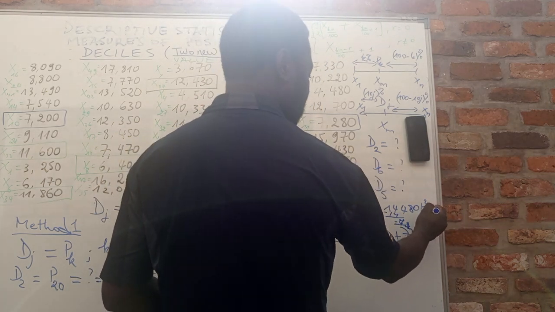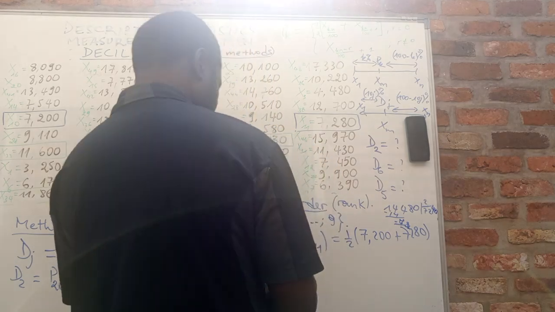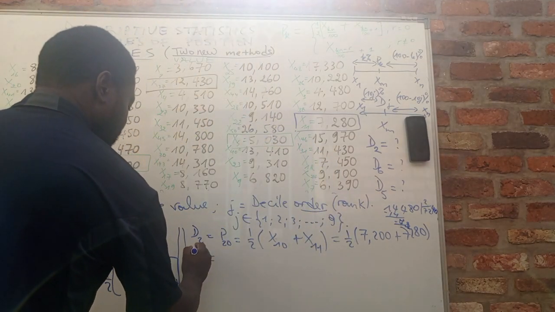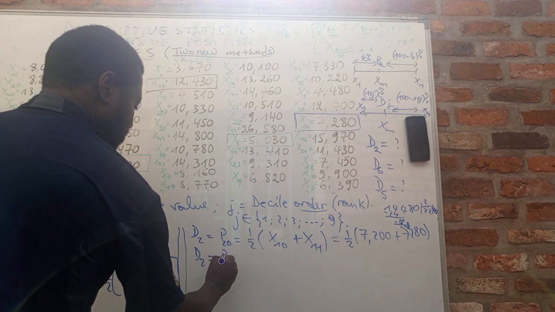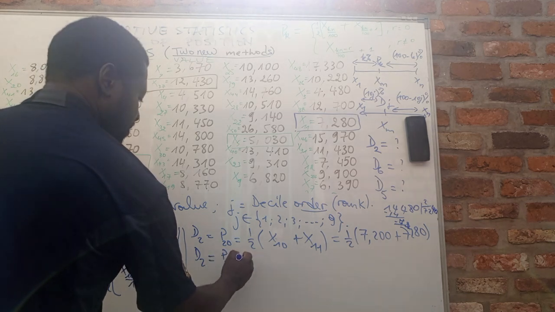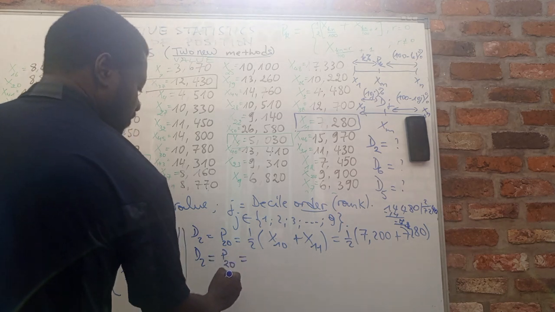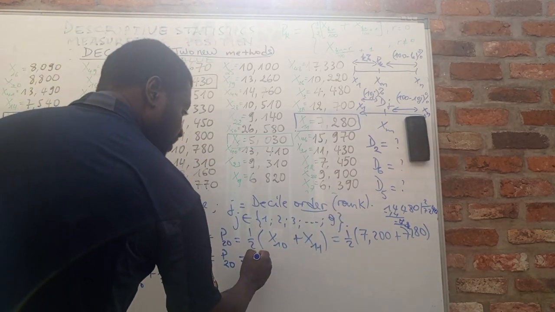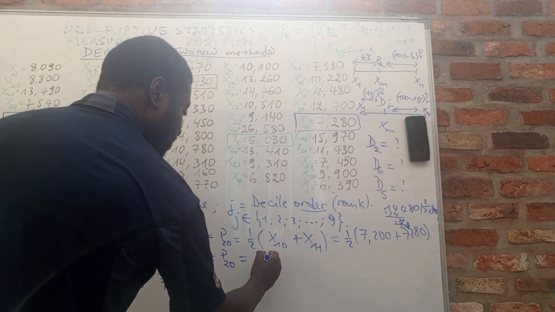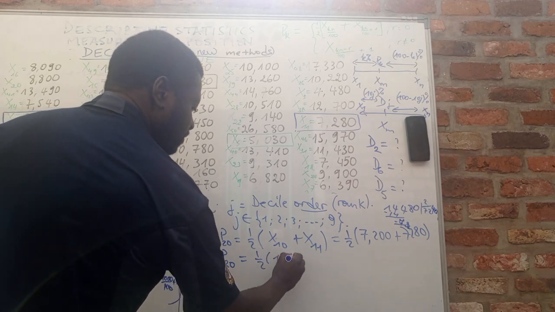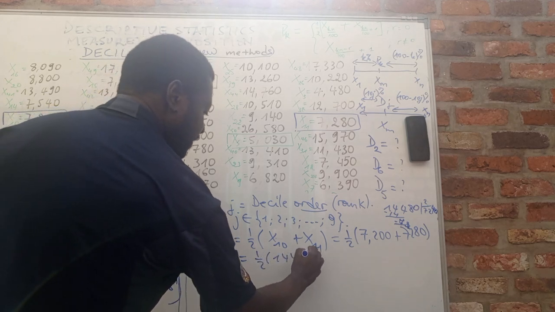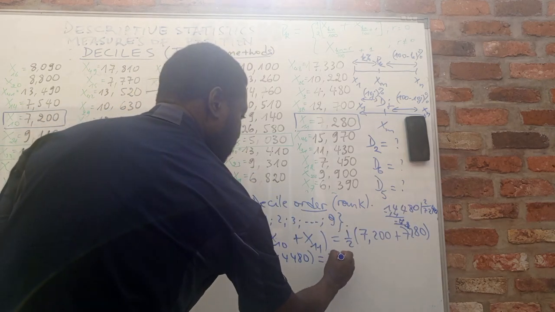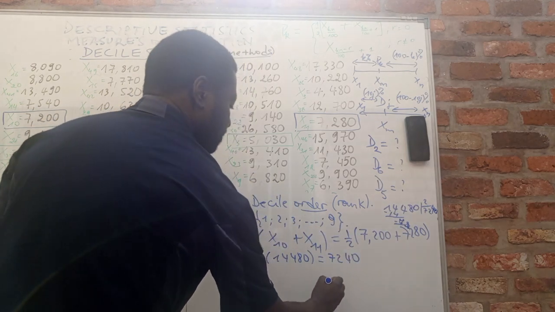It is 7240. So which means that our D2, which is equal to the percentile value for order 20, is half of 14480. So this is equal to 7240.